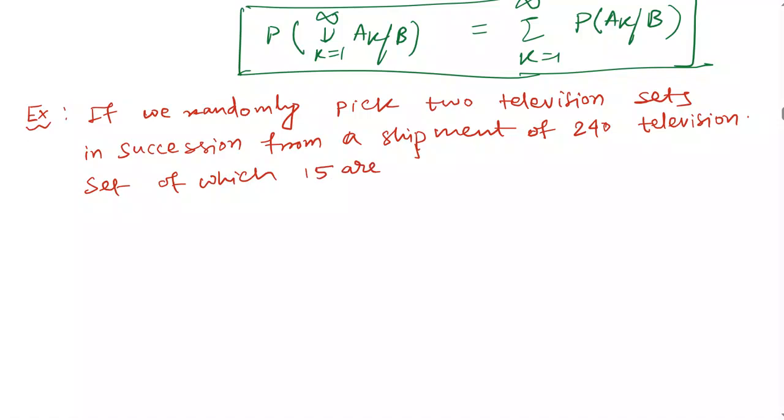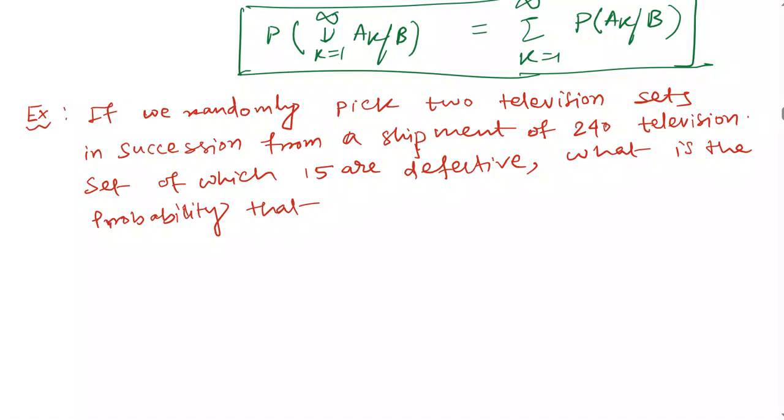Try to understand my question first. After that you can easily solve. What is the probability that they will be both defective?